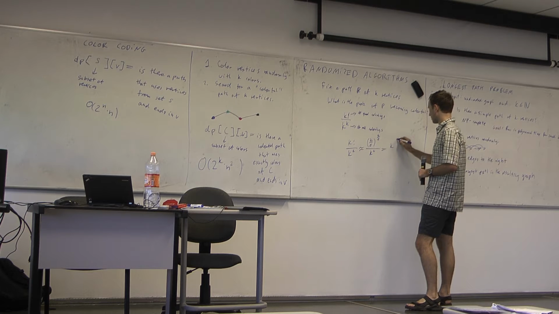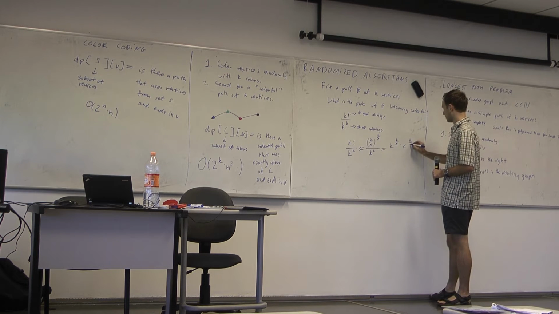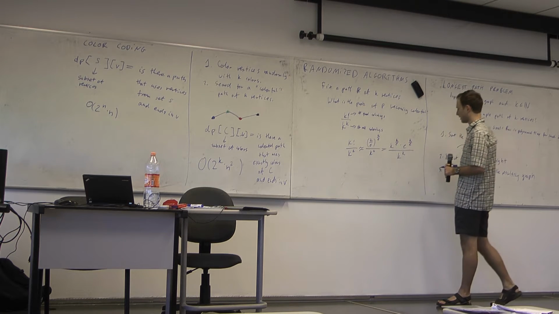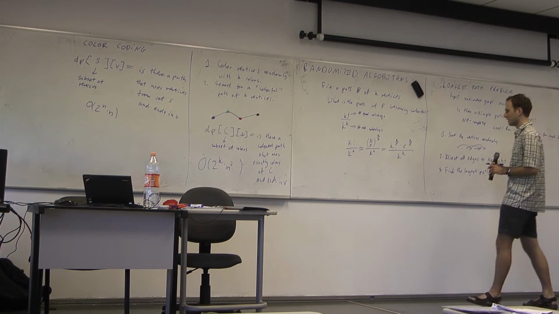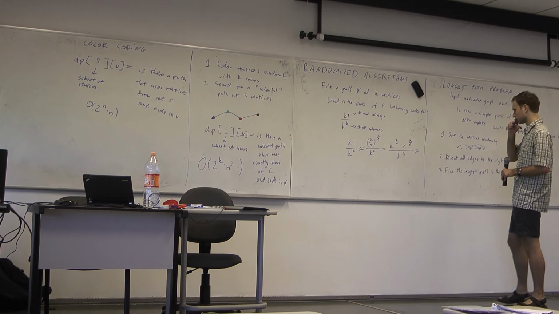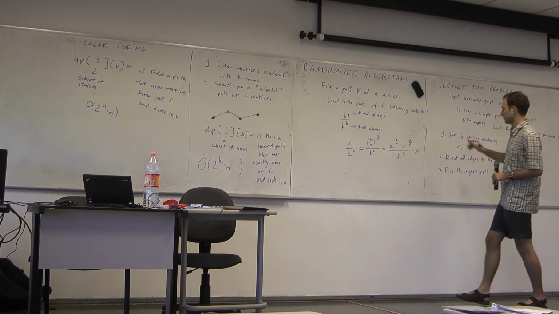So it's k over e times e, k over e over k to the k. And I want it to be big, so it's smaller than... oh, sorry.